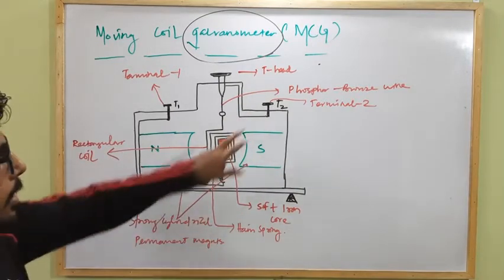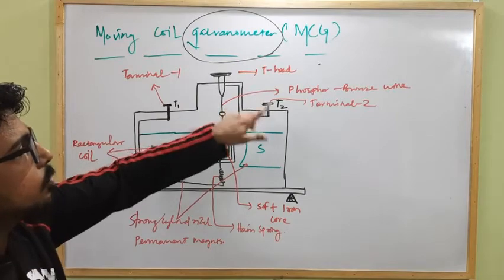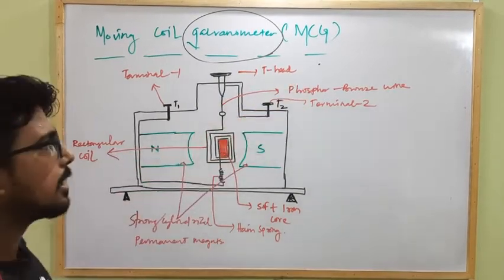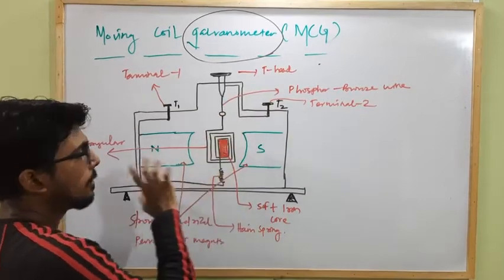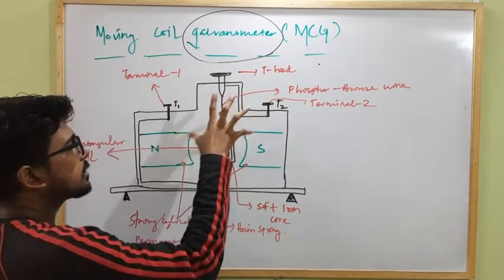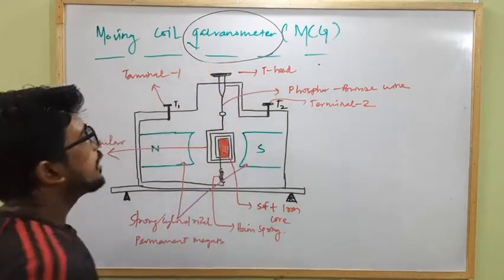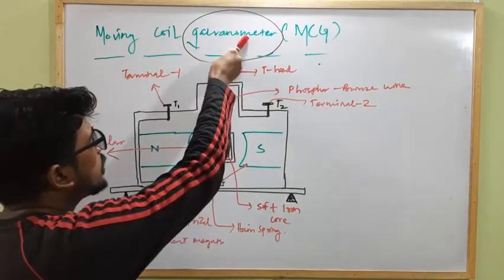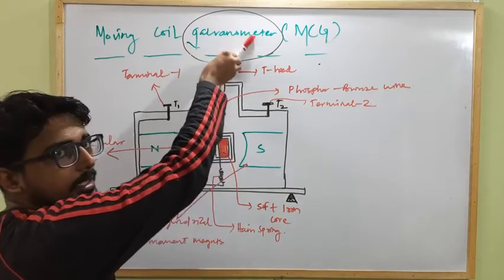Clear? By connecting these two terminals T1 and T2 with the external electrical circuit, we allow the current to flow through this coil. Clear? And from this T head it will be connected with a pointer which can move on a calibrated scale like this.